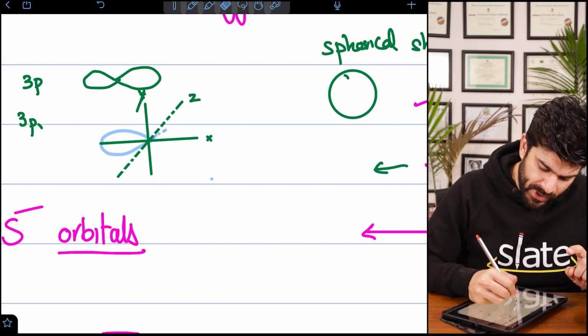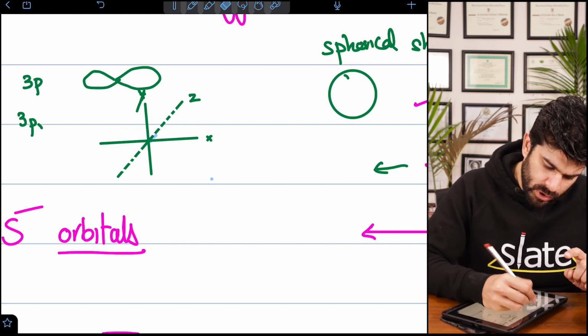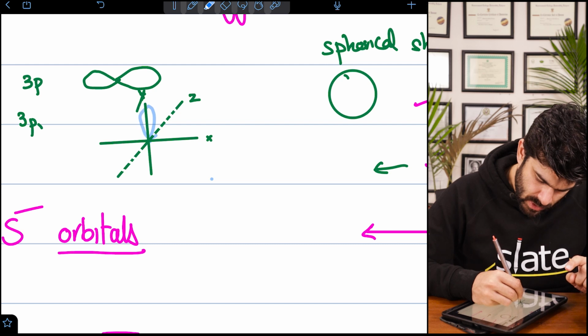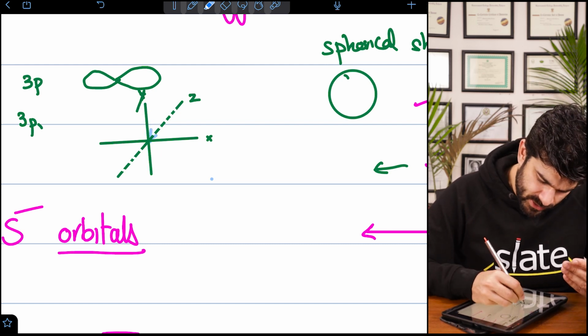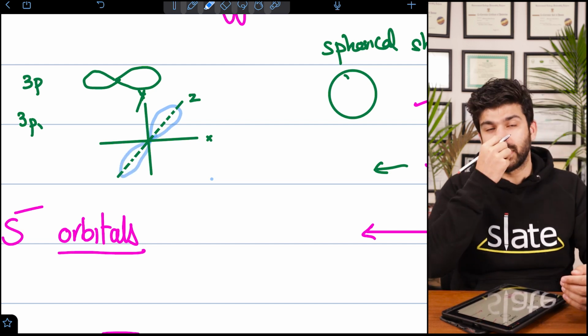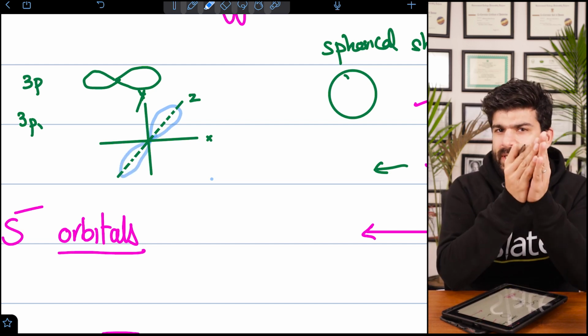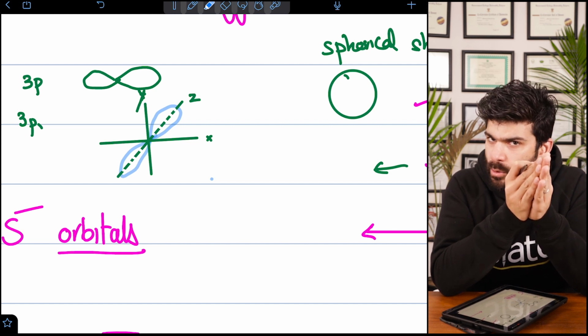If I make the same orbital on the y-axis, that was 3py, 2 lobes. Making it on z, that was 3pz. That is something I hope you recall about AS.